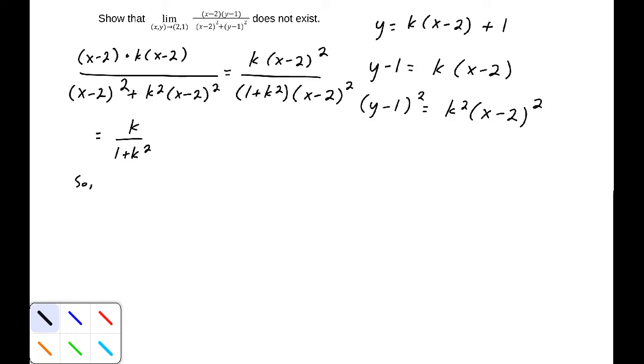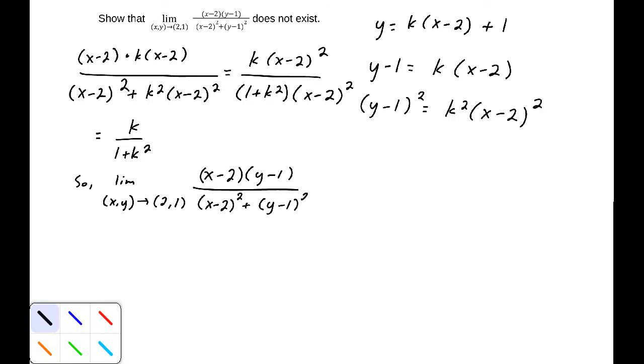So the limit as (x, y) approaches (2, 1) of the original function, numerator (x minus 2) times (y minus 1) over a denominator of (x minus 2) squared plus (y minus 1) squared, is equal to k over 1 plus k squared.